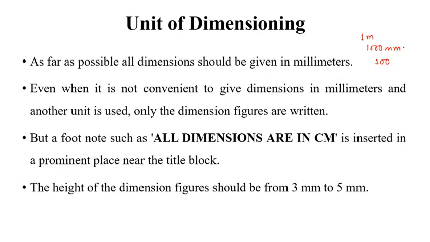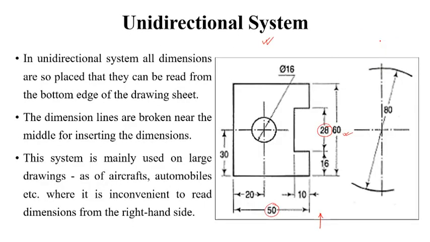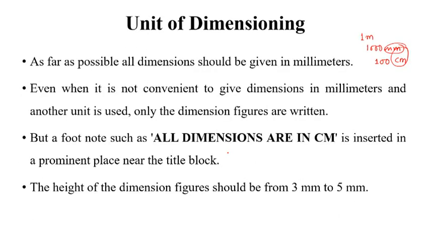We never give mm or centimeter in the dimension figure. Here you can see only the dimension figures are there, no mm or centimeter is given. But we write a footnote such as all dimensions are in centimeter, or if we have millimeter, we write all dimensions are in mm.